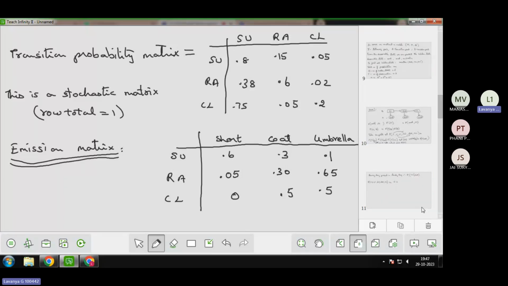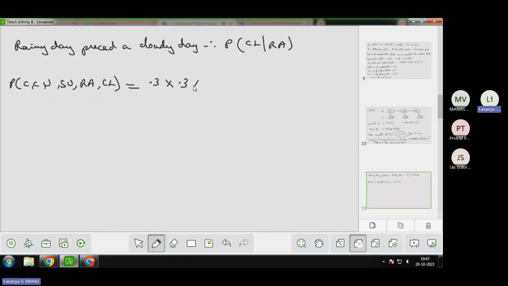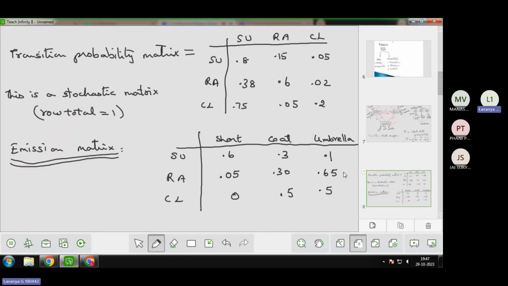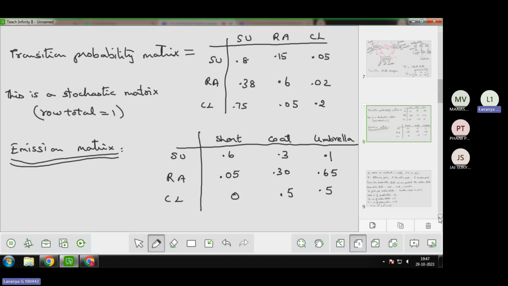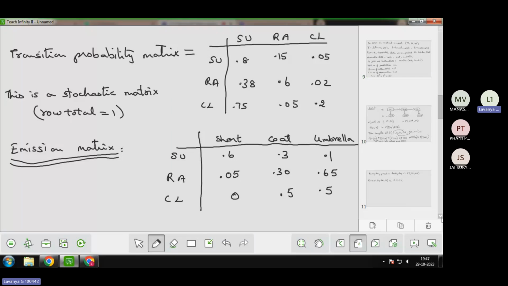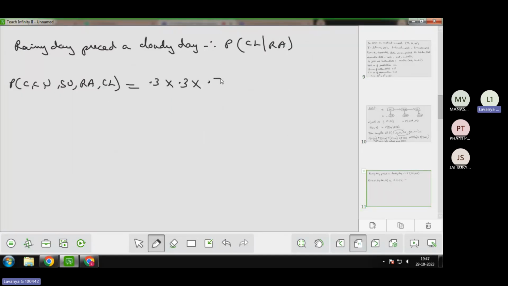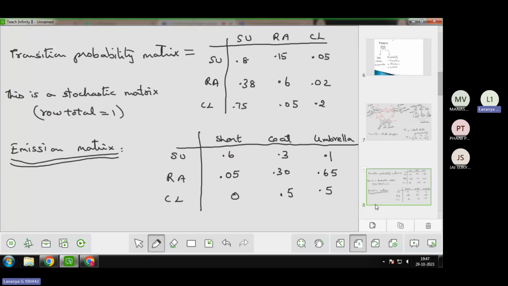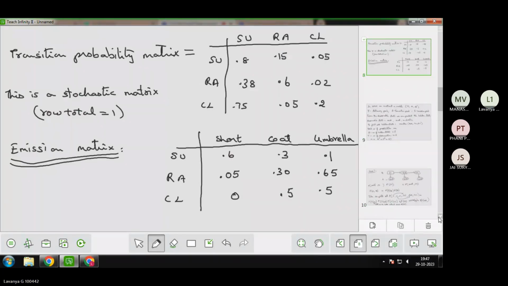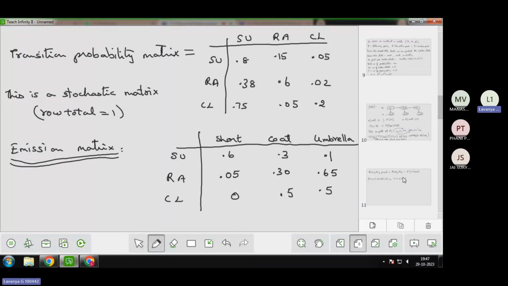So I will multiply it again with 0.3. Then the next feature that I require is an umbrella and a cloudy day. So that will be given by 0.5. Now please look, all these values I have taken only from the emission matrix. The first three values we are taking from the emission matrix.